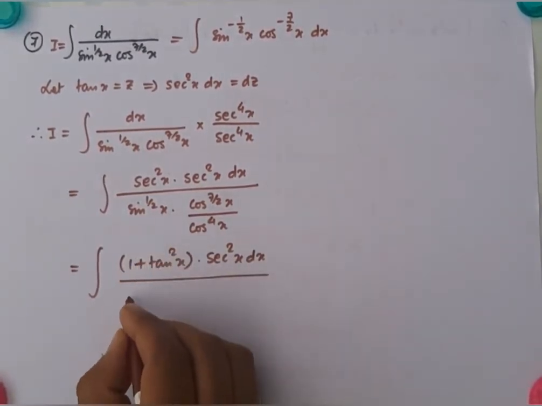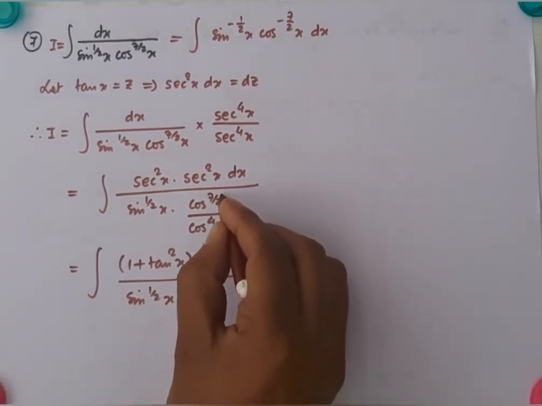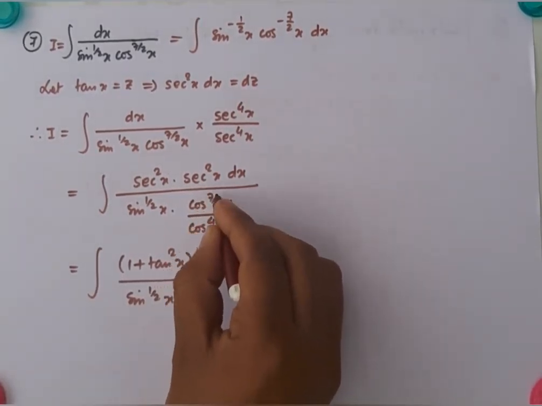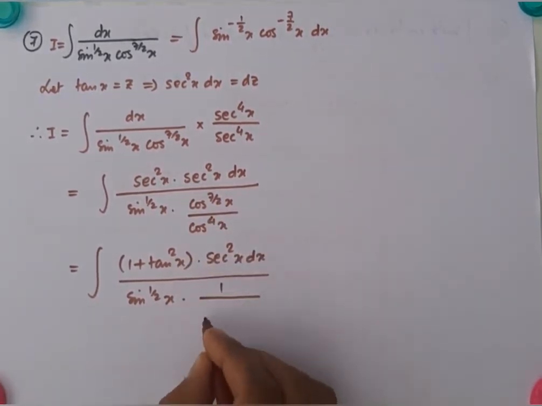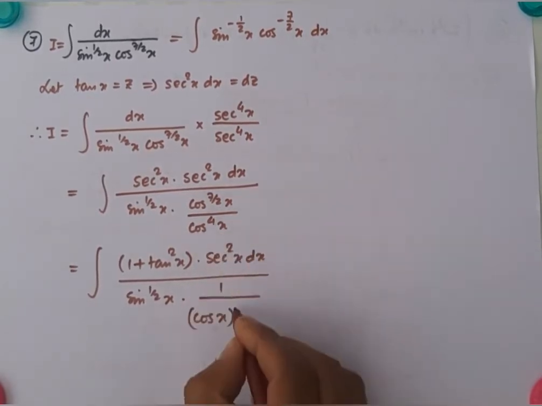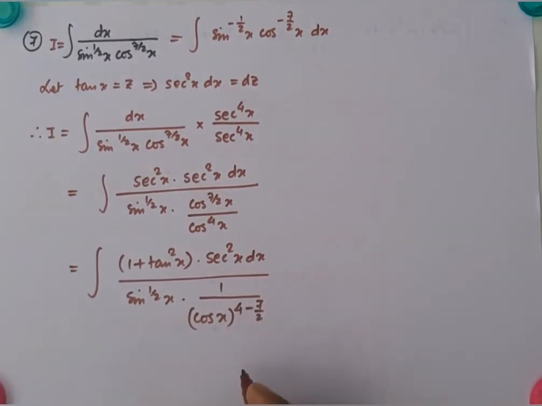Now this is sine to the power half x, and as I said, this is your 7 by 2. So let me take this to the denominator, so it becomes cos to the power, let me write it, cos x, so power is 4 here, so this becomes minus 7 by 2.